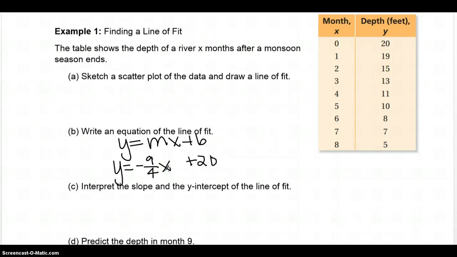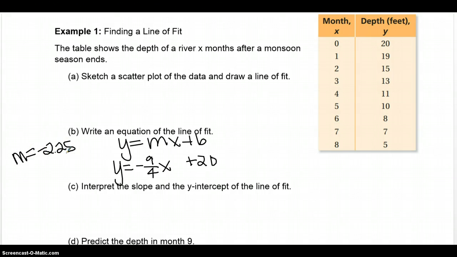Okay, now interpreting the slope and the y-intercept, this is what you guys struggled with a couple chapters ago. In order to interpret these two things, we need to think about it in the context of the problem. So the slope is about negative 2.25 or 9 over negative 4.